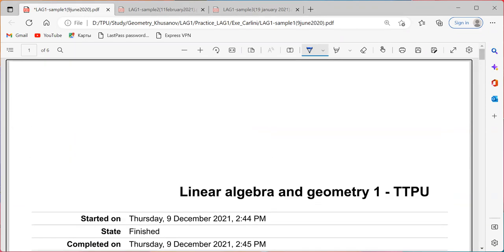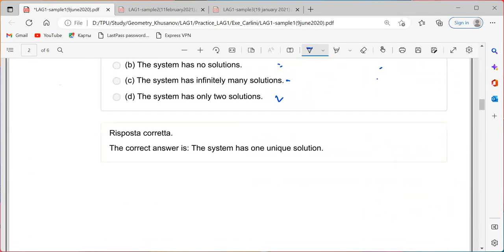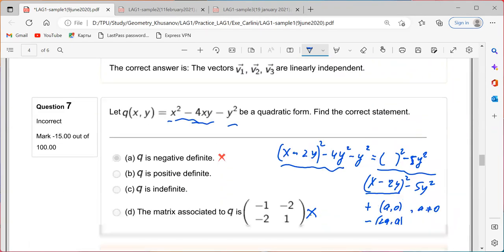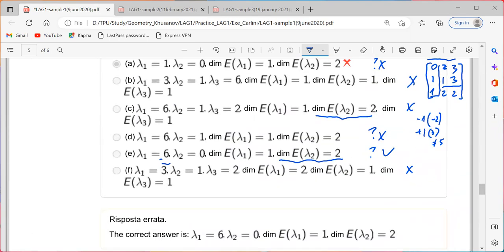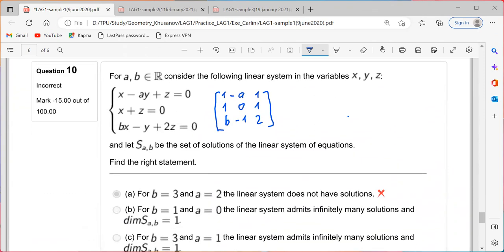The first row we will not change. For the second row, we have to subtract from 1, 1, so it will be 0, A, 0 minus A, 1 minus 1, it will be 0.